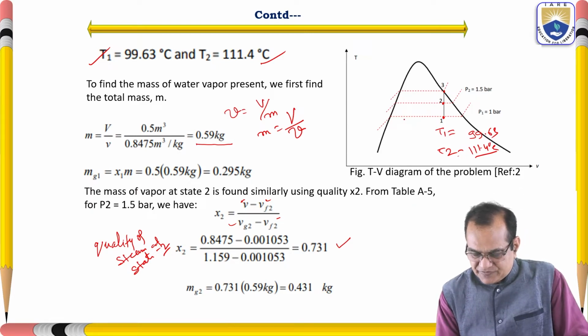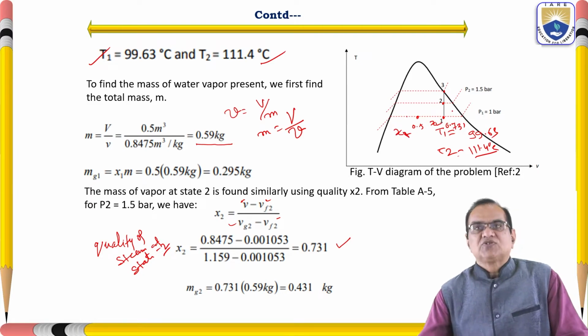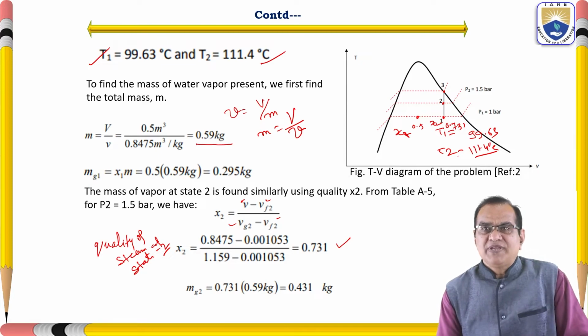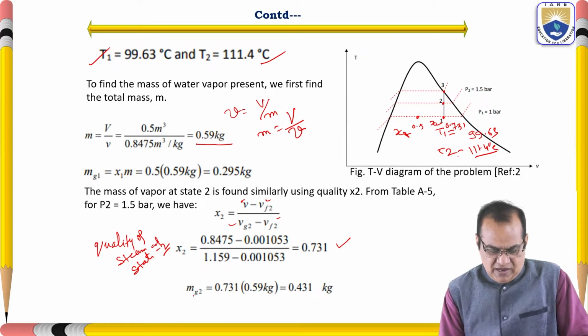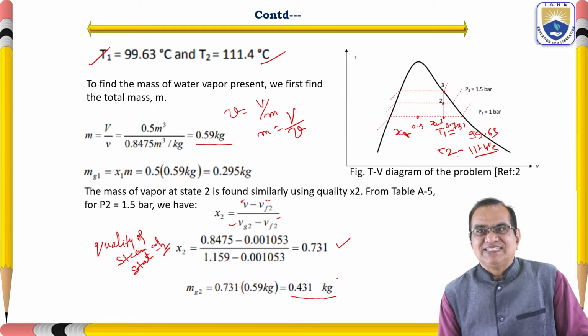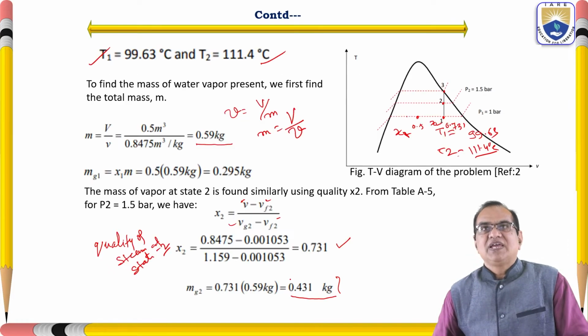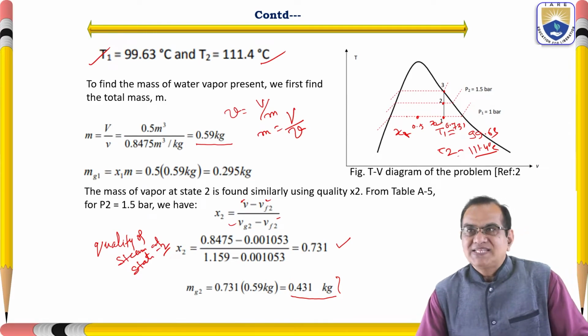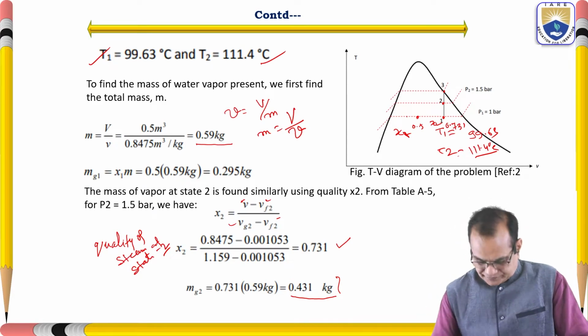So here this is X1 and this is X2. From here we can find the mass of the gas: Mg2 is equal to X2 times the mass 0.59, so 0.431 kg. In this way we find the mass at point 2.